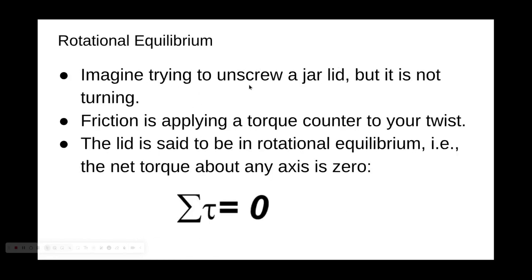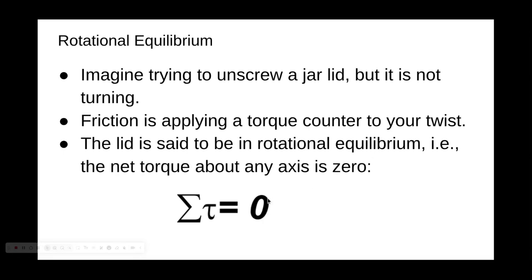Now imagine you're trying to unscrew that jar lid, but it's not turning. Well, this is the application of two torques. You're trying to turn it one way, but something is holding it and applying a force in the opposite direction, that force being friction. If the lid doesn't move, we say that's in rotational equilibrium.